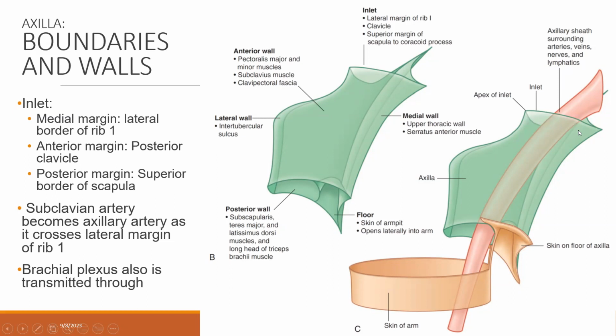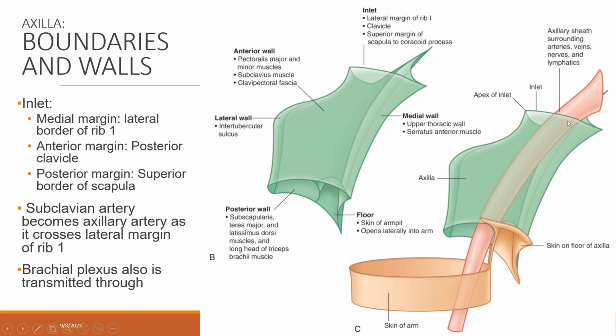So now, very important thing is that the subclavian artery, the artery that runs through here, becomes the axillary artery as it crosses the lateral margin of rib 1. In other words, when it enters the inlet, okay? So this is a pattern that you will see time and time again in the body, okay? An artery, when you go from one region of the body, like, for example, this region, over to the axilla, which is another region of the body, it will change names.